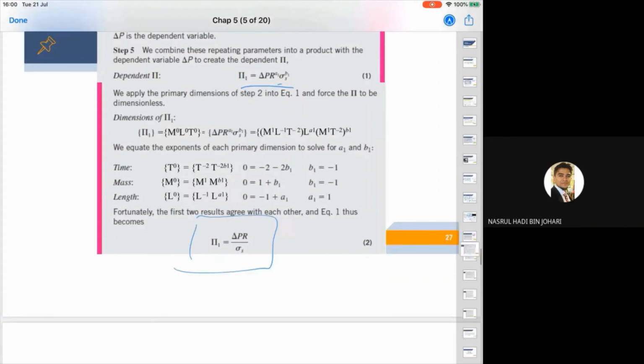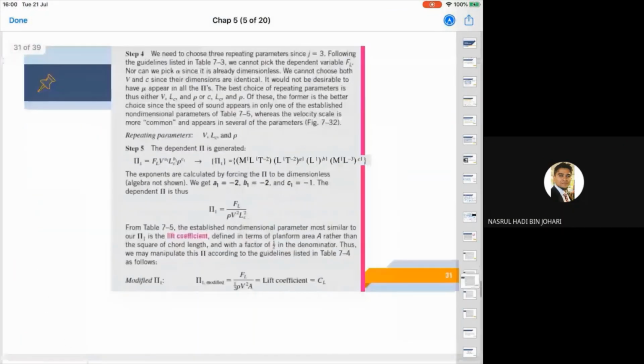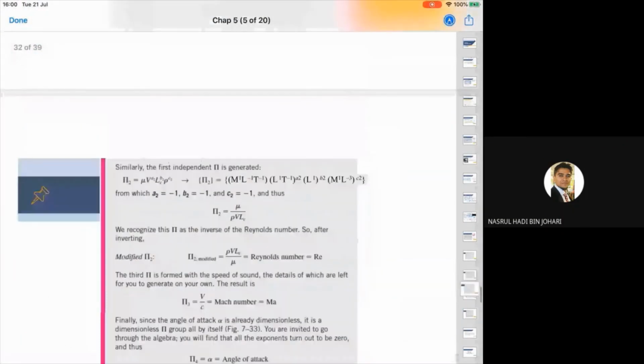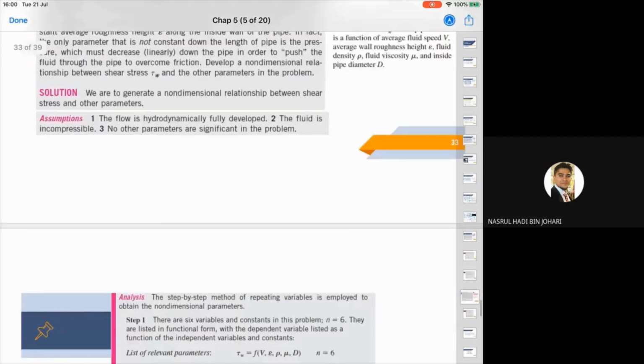Okay, there are lift of wing. Also, I think friction in pipe. Please read friction in a pipe. Friction in the pipe is very good because it is very close to our analysis on the flow in a pipe. Do exactly the same.